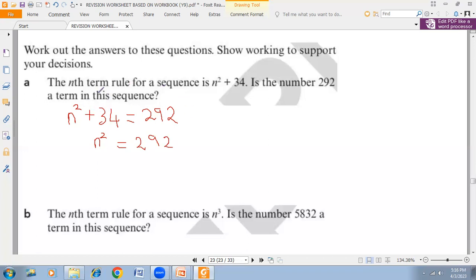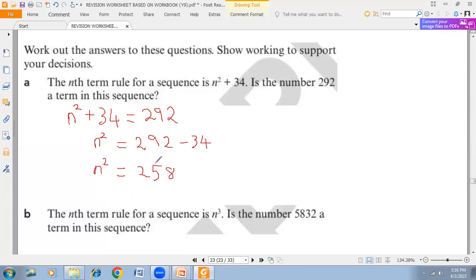minus 34. Bring the 34 to the other side. Minus 34. 292 minus 34 is 258. So n squared equals 258.